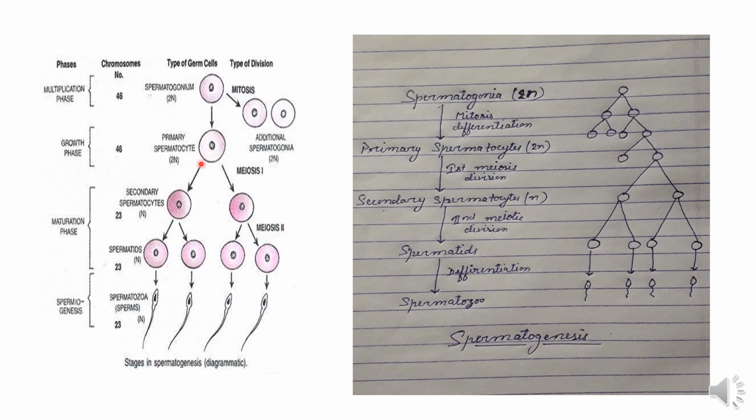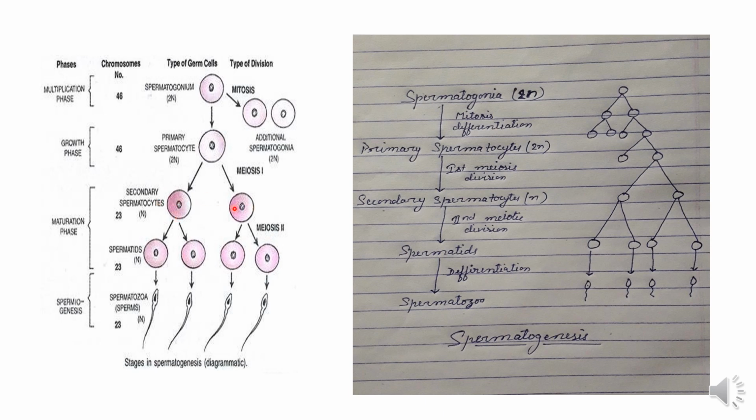The primary spermatocyte will undergo the first meiotic division and produce two cells. From a single diploid cell, two cells are produced, but each of these daughter cells has half the number of chromosomes, represented by capital N. Each of these cells we call a secondary spermatocyte.